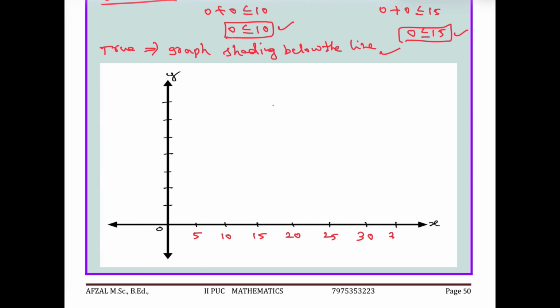Then tan inverse of 1 minus cos theta. 1 minus cos theta is 2 sin square theta by 2, divided by sin theta. Sin theta is 2 sin theta by 2 cos theta by 2. 2 cancels, and one sin theta by 2 cancels with the other. Then tan inverse of sin theta by 2 divided by cos of theta by 2.